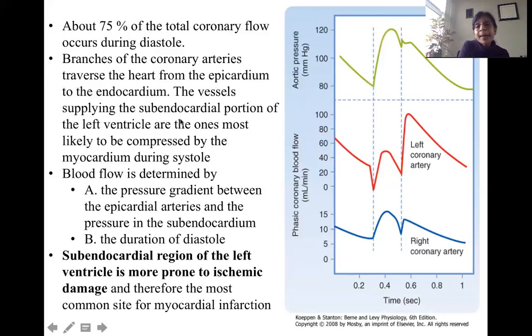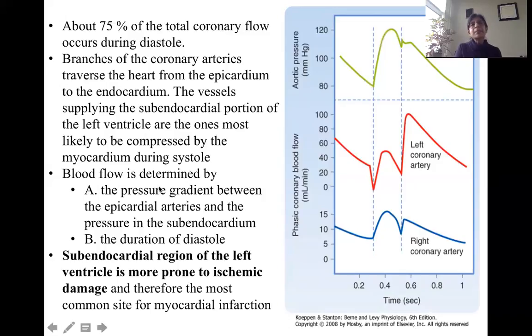The vessels supplying the subendocardial portion, meaning underneath the endocardium of the left ventricle in particular, are mostly compressed by the myocardium during systole. So the basic detail was talked about earlier also. It is the blood supply from the surface of the heart to the deeper parts. So the deeper parts are affected, and left ventricle is more affected, is what you're hearing again and again.